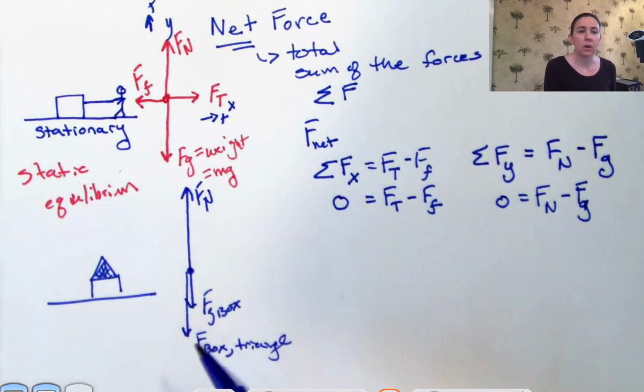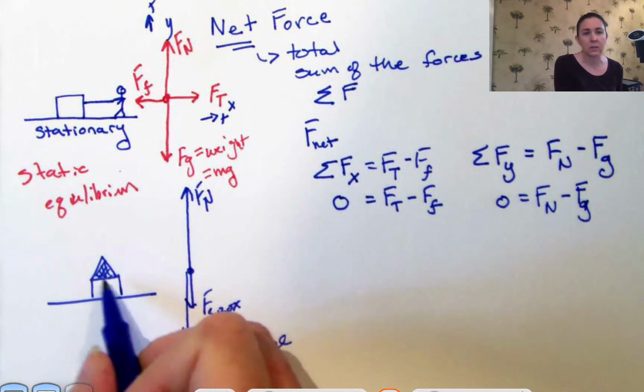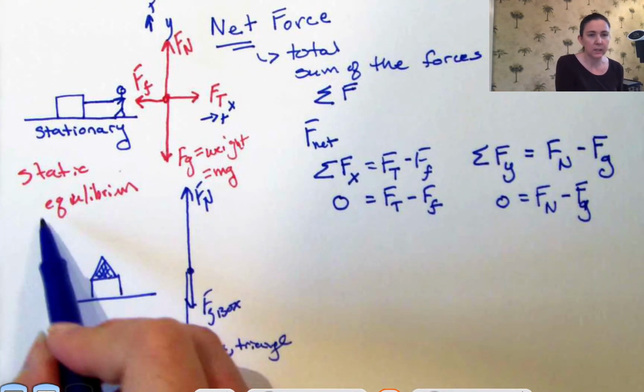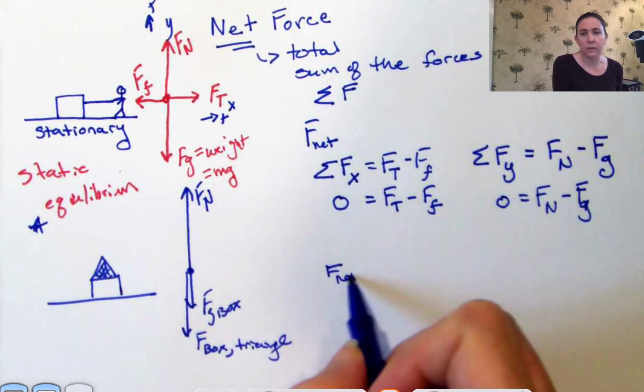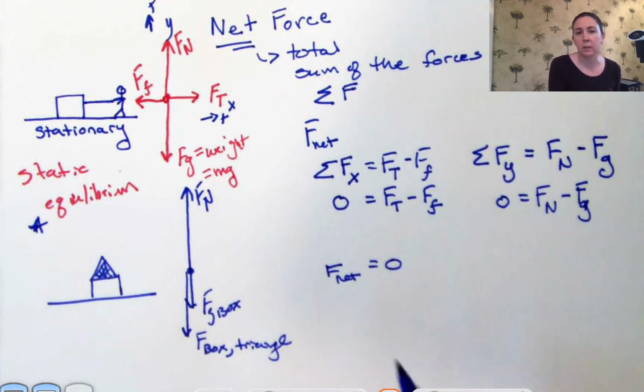Now this gets to the heart of why this normal force has to be really large, because this box is stationary, meaning it's also in static equilibrium. So the net force, or the sum of the forces on that box, is going to be equal to 0.